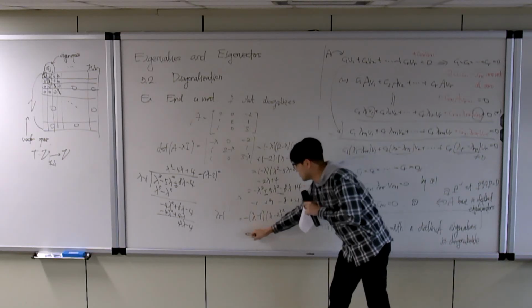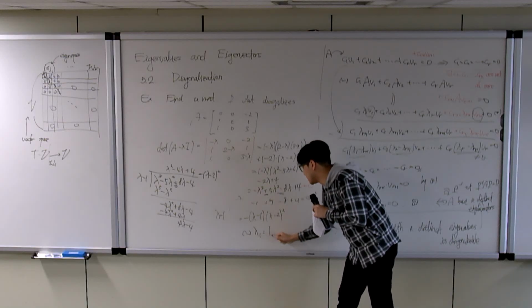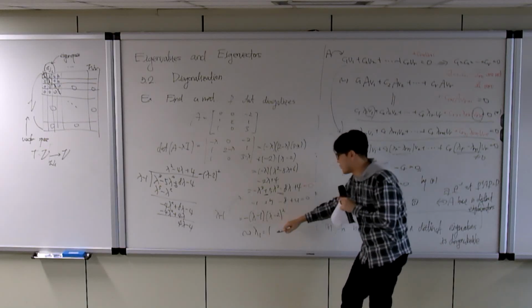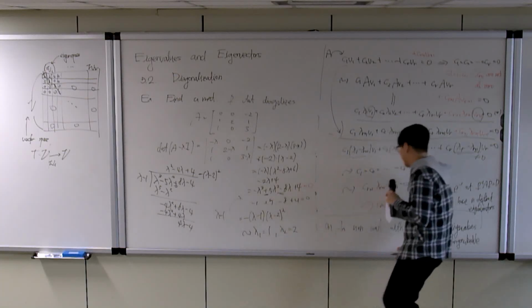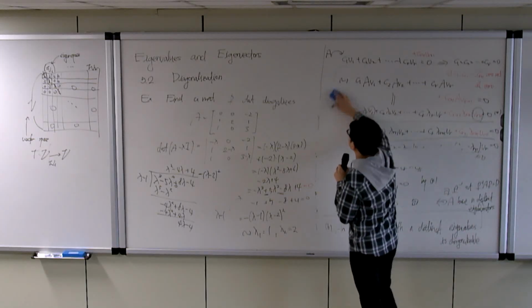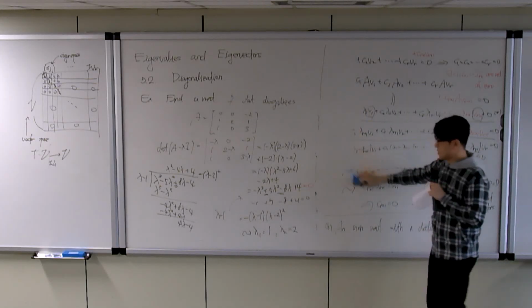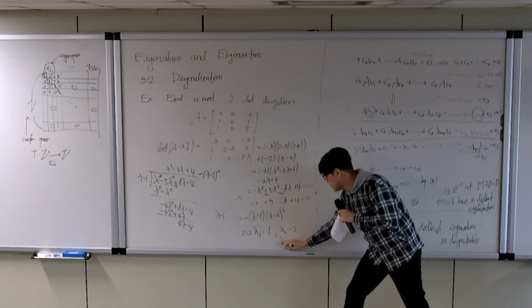If an n by n matrix has n distinct eigenvalues, then the matrix is diagonalizable. So actually the converse is not satisfied.